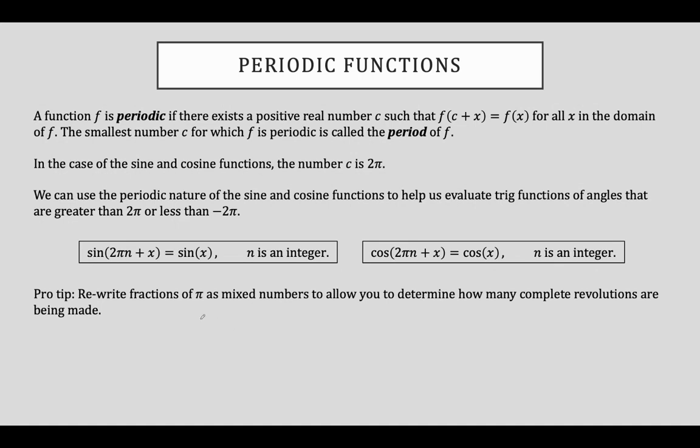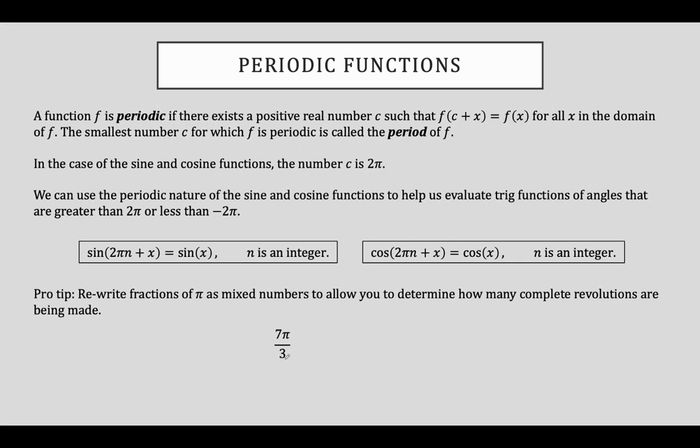What's the best way to go about doing this? Well, when you are given your angles, rewrite fractions of pi as mixed numbers to allow you to determine how many complete revolutions are being made. So for example, here is an angle, 7 pi over 3. Now this angle is greater than 2 pi. Anytime you see angles that are greater than 2 pi, it can be helpful to write them as a mixed number.